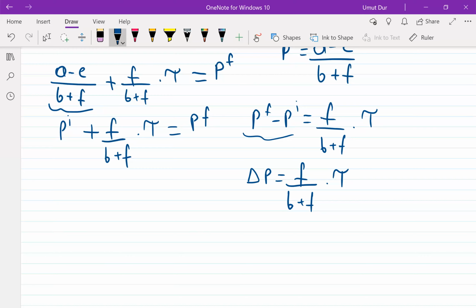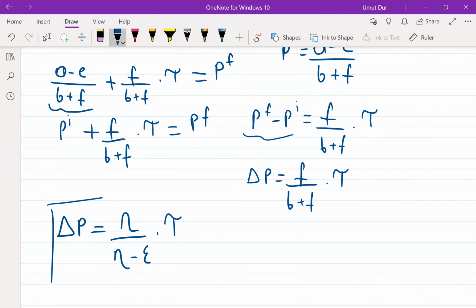But what we are interested in is to derive the following formula, the one that represents this change in the price by using the elasticities.